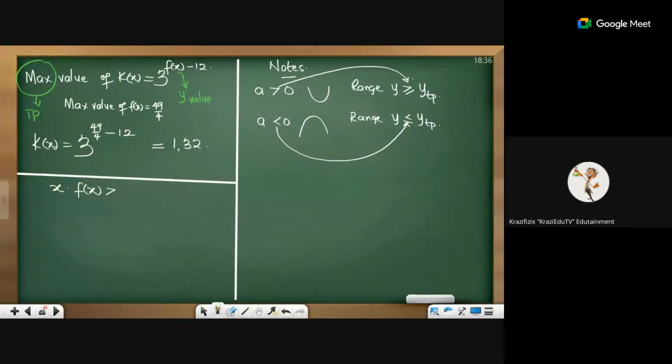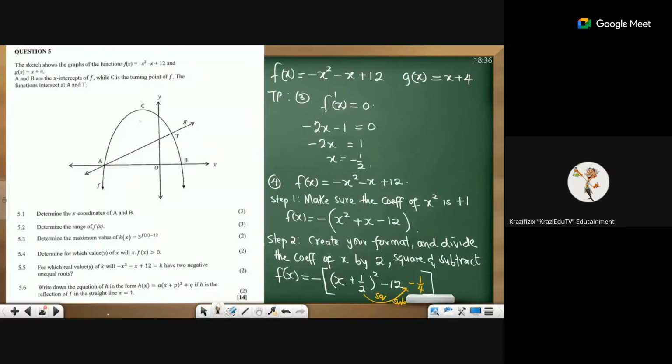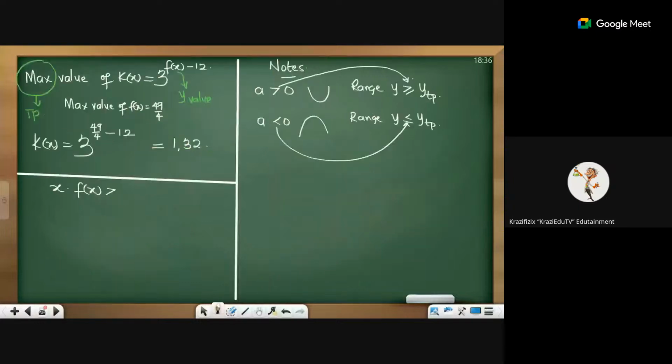Is it greater than 0? I'm going to show you how to interpret it, and make a note for yourself. Start interpreting from the right-hand side.